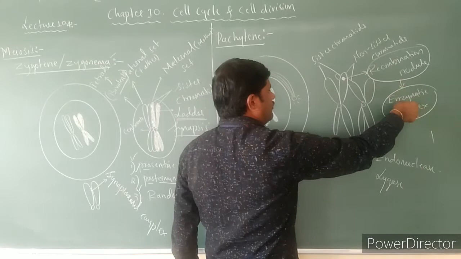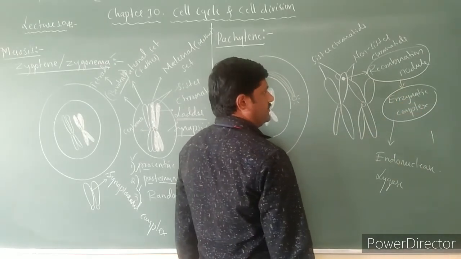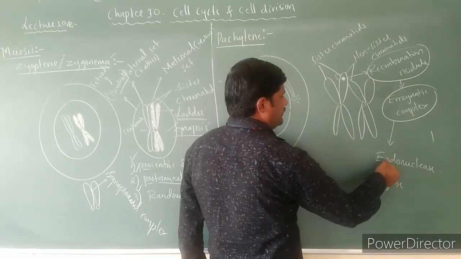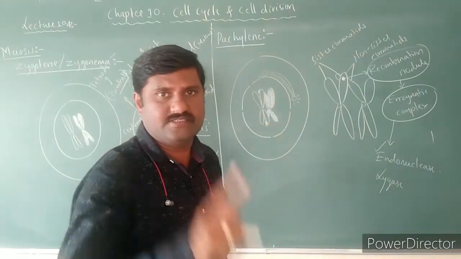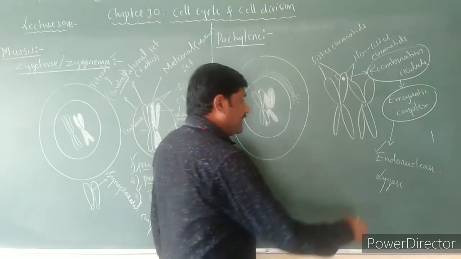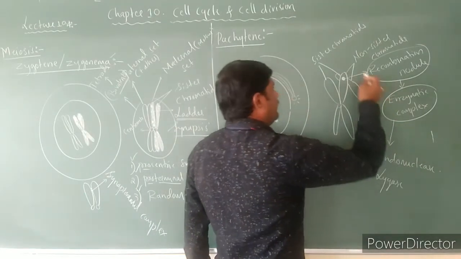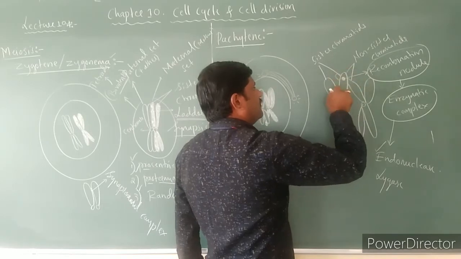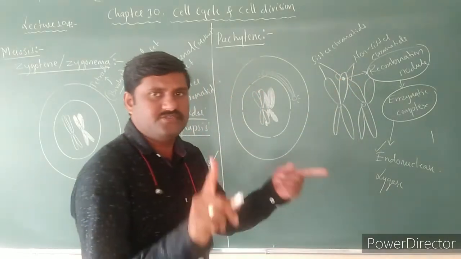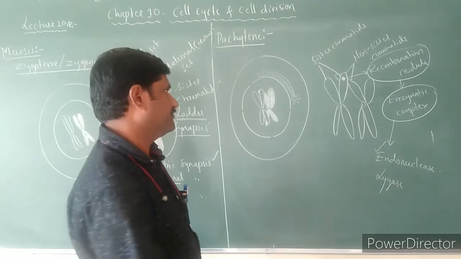The recombination nodule contains an enzymatic complex, and this enzymatic complex mainly consists of endonuclease as one enzyme. This endonuclease enzyme cuts the point where both the non-sister chromatids overlap on each other.